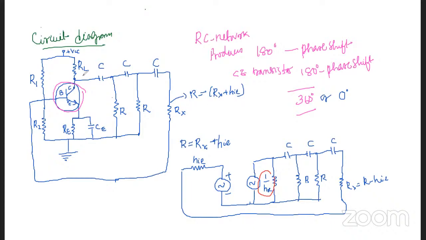Now we have HRE V2 here, and this HRE V2 can be neglected because HRE of a transistor is very small. Therefore, the equivalent circuit of the phase shift oscillator can be reduced to another equivalent circuit, which we are going to draw here.